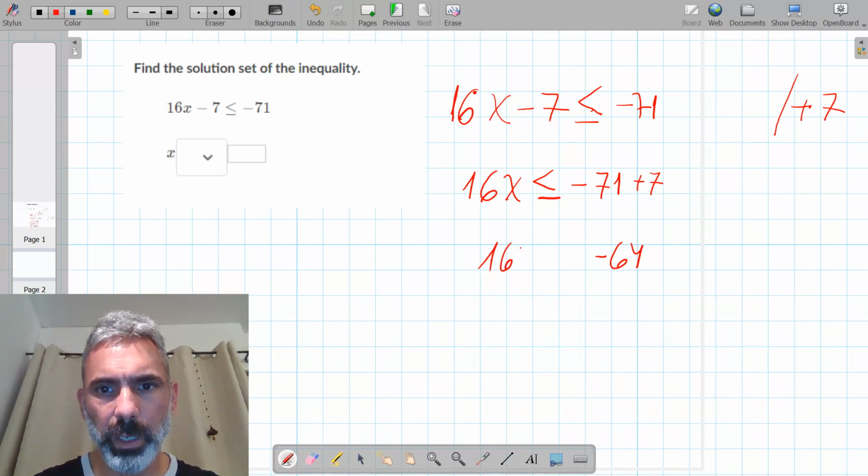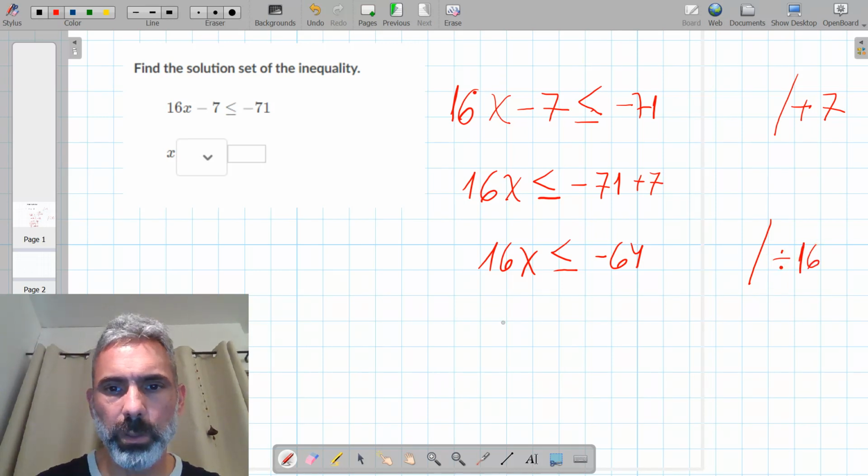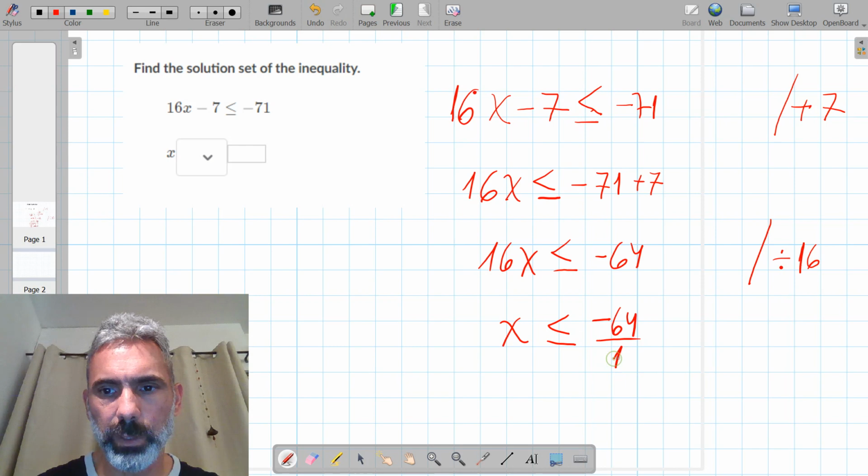So 16x is less than or equal to minus 64, and now I need to divide both sides by 16 to isolate the x. So x is less than or equal to minus 64 over 16.